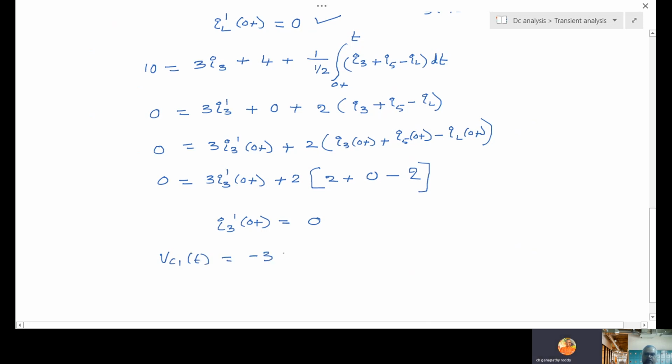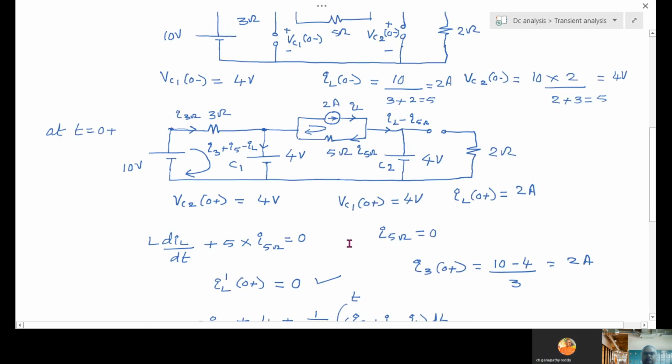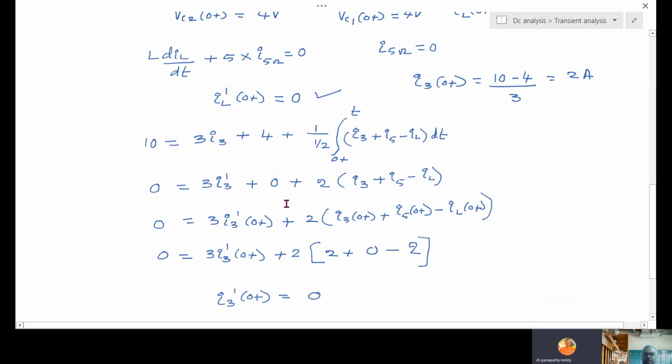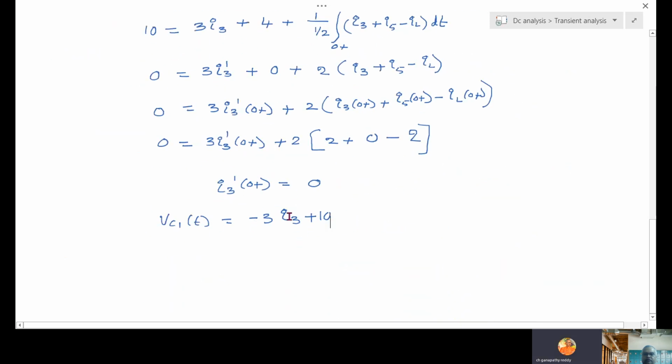Minus 3 I3 plus 10. This is voltage here. So started positive, go to negative. Minus 3 into this current plus 10. Minus 3 into I3 means current in the 3 ohm resistor.